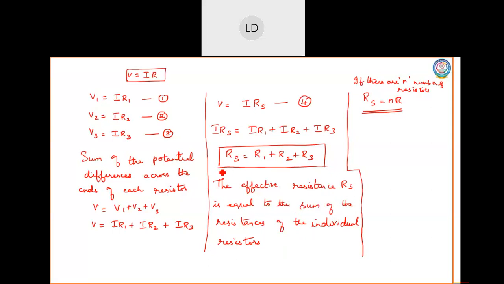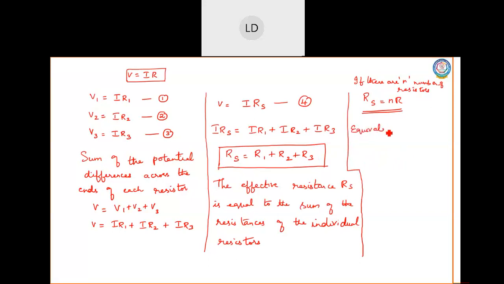Now this value of Rs is called as equivalent resistance. The value of this equivalent resistance will be greater than the greatest of the individual resistance. Now let me write that.